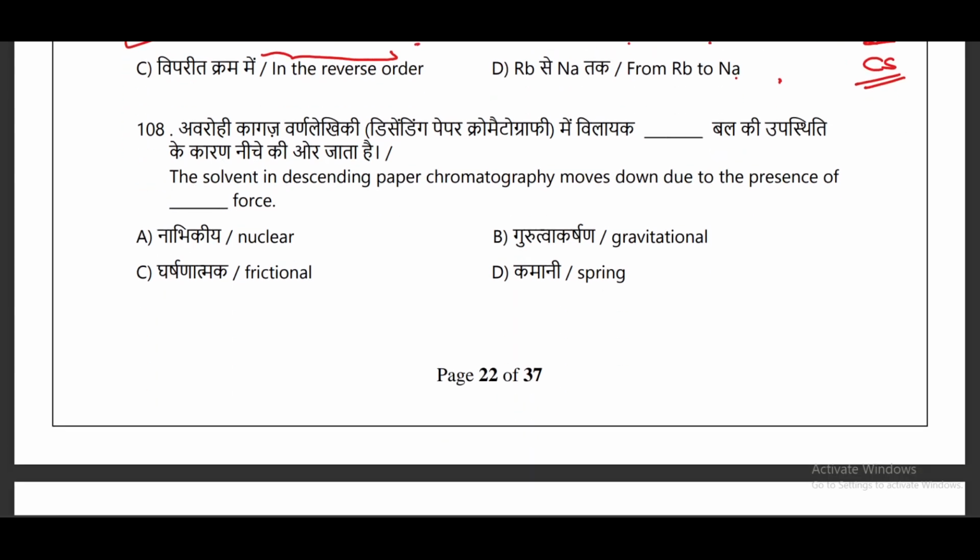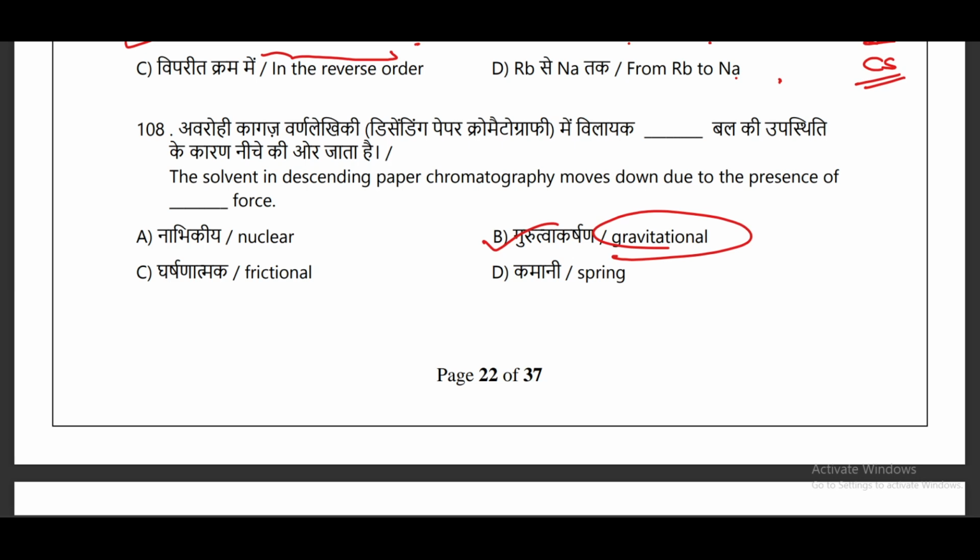In the next question, the solvent in descending paper chromatography moves down due to the presence of which force? They are providing you four forces, and correct is B option, which is gravitational force. In descending paper chromatography the solvent moves down the paper primarily due to gravitational force.